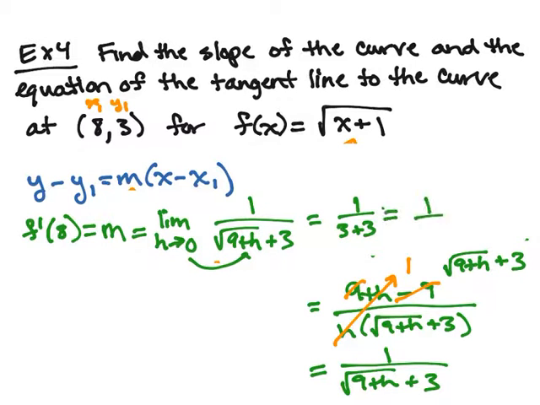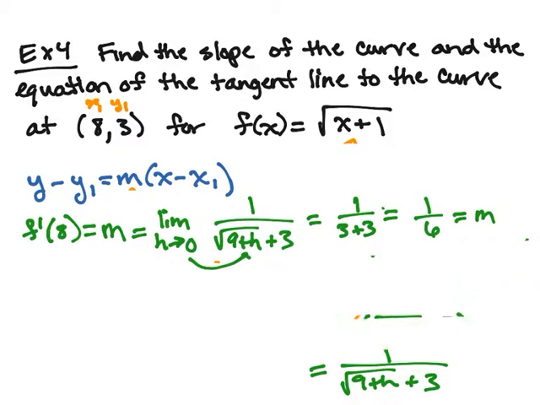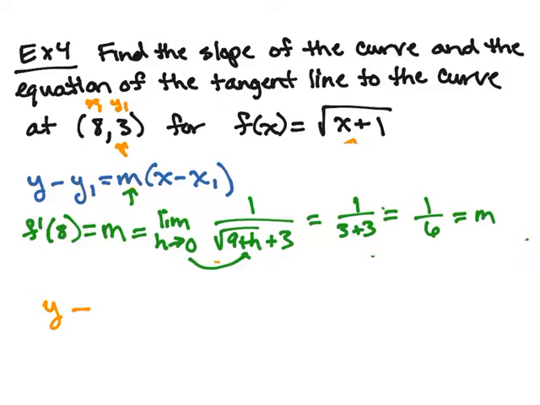Plus 3 is 1/6. Okay, so that is the m that I'm going to plug in right there. Okay, so equation of my tangent line. Y minus y1, I get from up here, it's 3, equals 1/6 times x minus my x1 up here, which is 8.